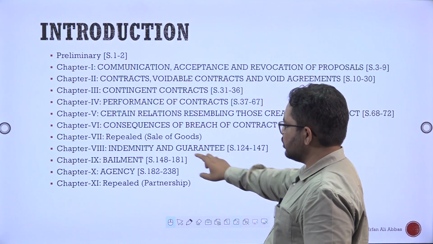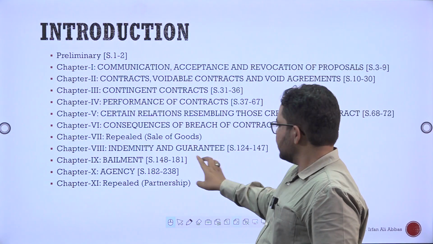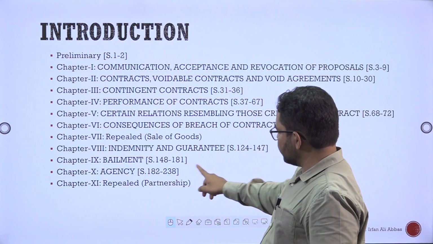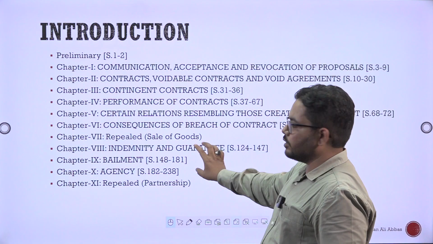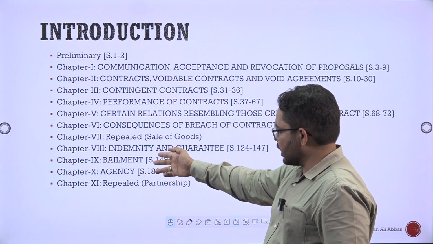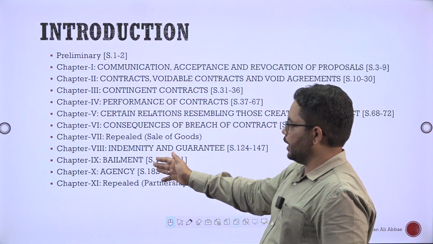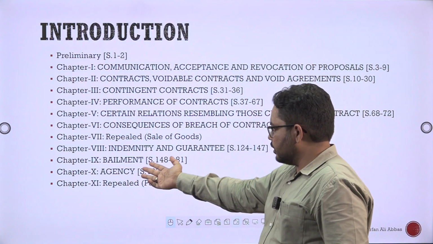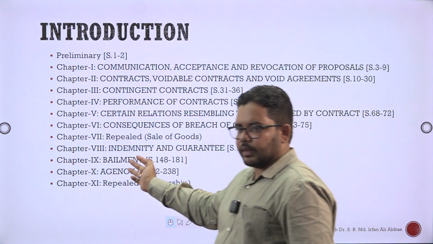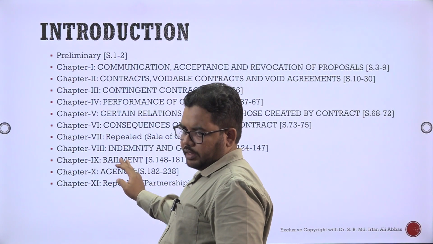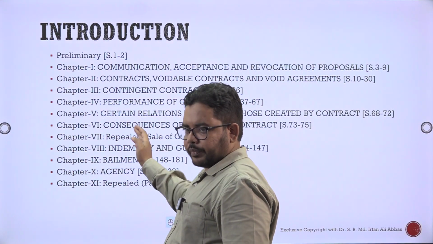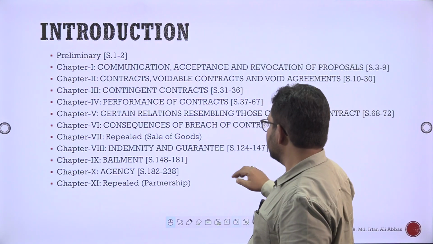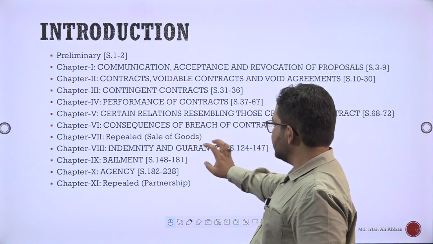Here again you have chapter 7 which is repealed, then sections 124 to 238 which deal with special contracts relating to indemnity, guarantee, bailment and agency. In bailment, even pledge is covered; pawnor and pawnee are also mentioned there. So these are the special contracts.